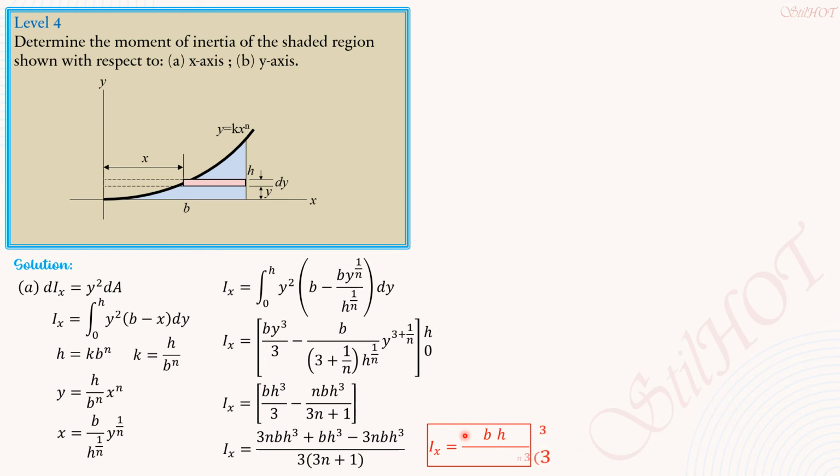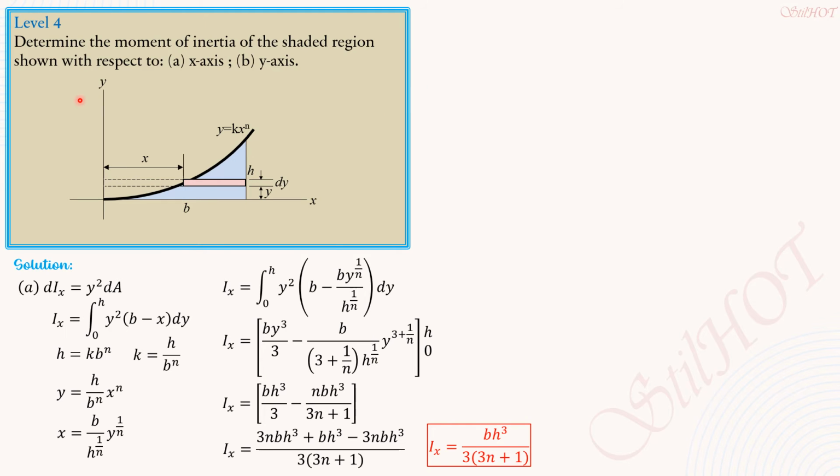So that's the formula, and I hope that you will memorize it, or else you derive it back from the basic setting up of the differential moment of inertia with respect to x or y.